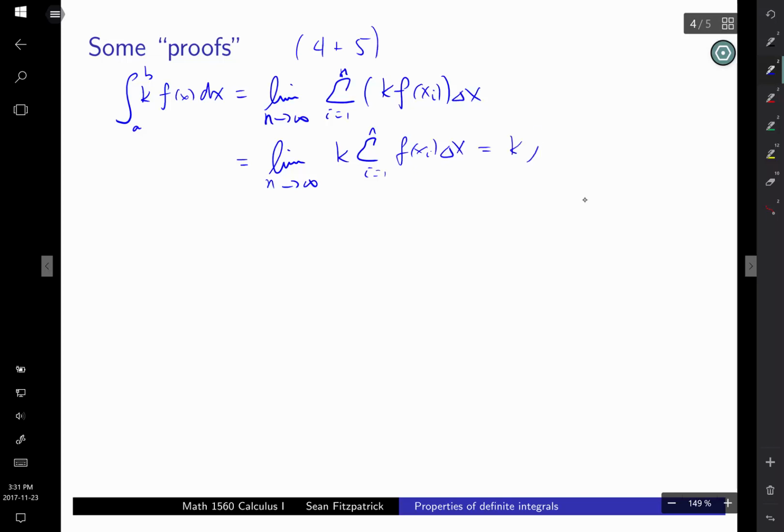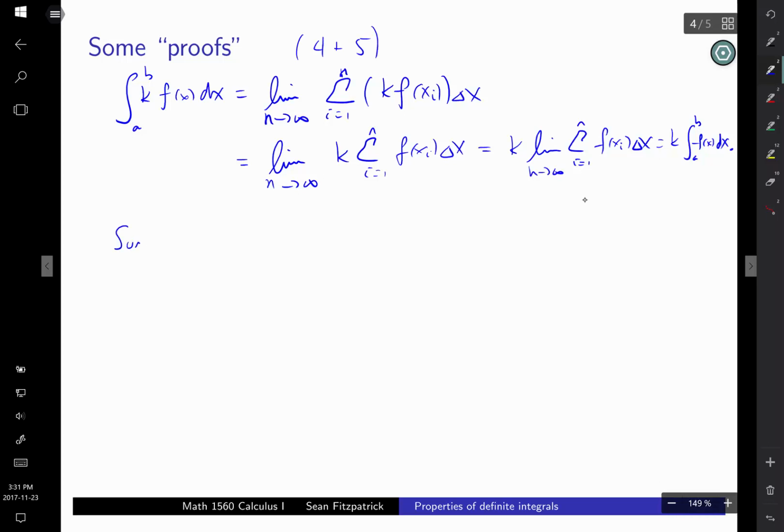So we could write this as k times the limit as n goes to infinity of our sum, i going from 1 to n, of f of xi times delta x, which is k times the integral from a to b of f(x) dx.